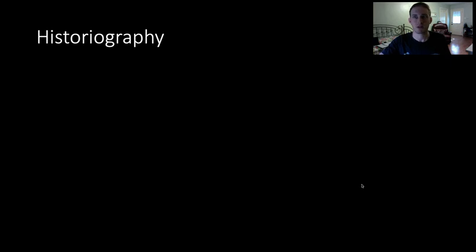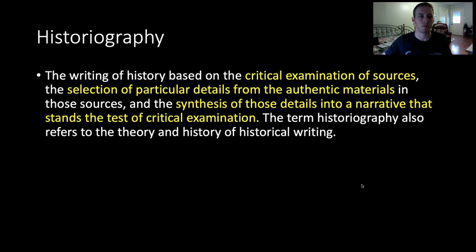Now, historiography. Our definition for this: the writing of history based on the critical examination of sources, the selection of particular details from the authentic materials in those sources, and the synthesis of those details into a narrative that stands the test of critical examination. The term historiography also refers to the theory and history of historical writing.